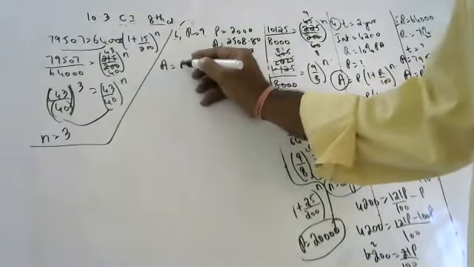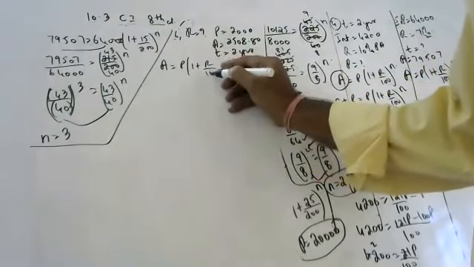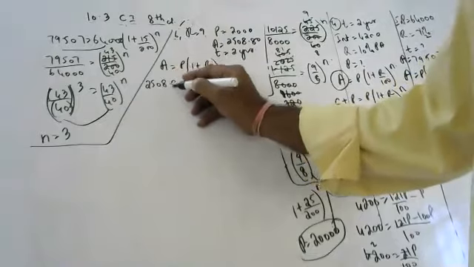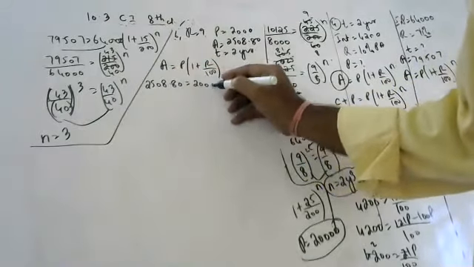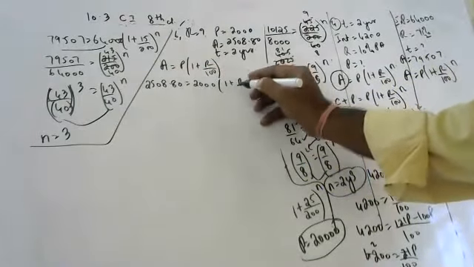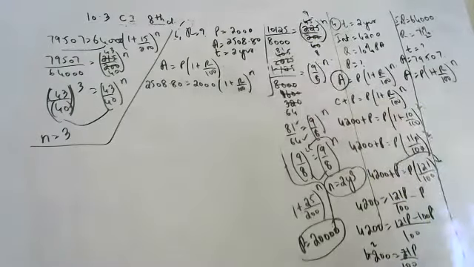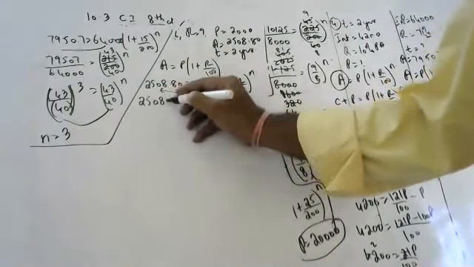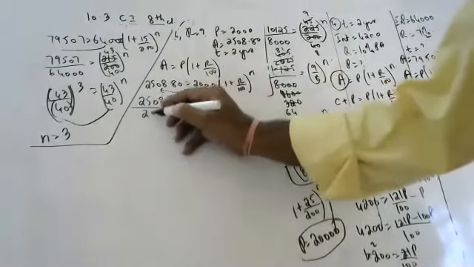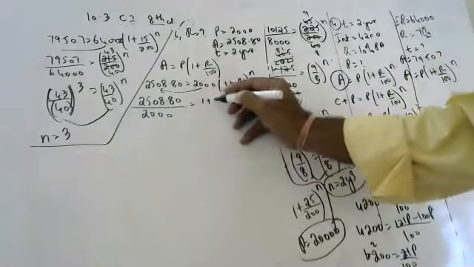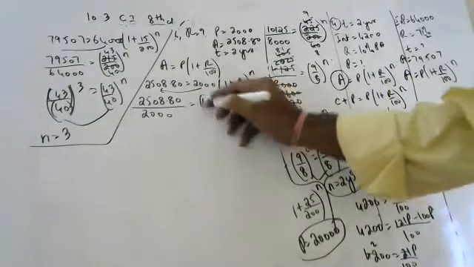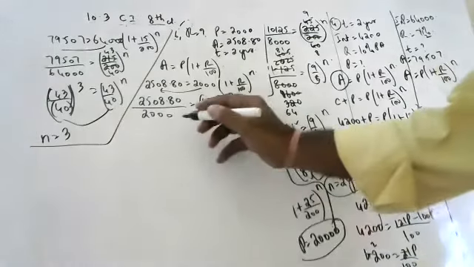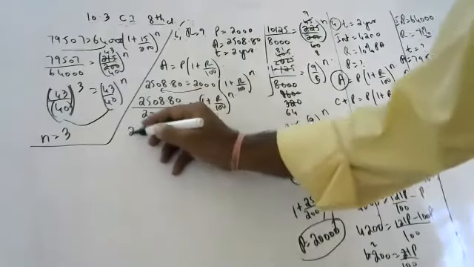A is equal to P into (1 plus R by 100) whole to the power n. 2,508.80 is equal to 2,000 into (1 plus R by 100) whole to the power n. 2,508.80 by 2,000 is equal to (1 plus R by 100) whole to the power n. If you remove this decimal point, 2 zeros will come.